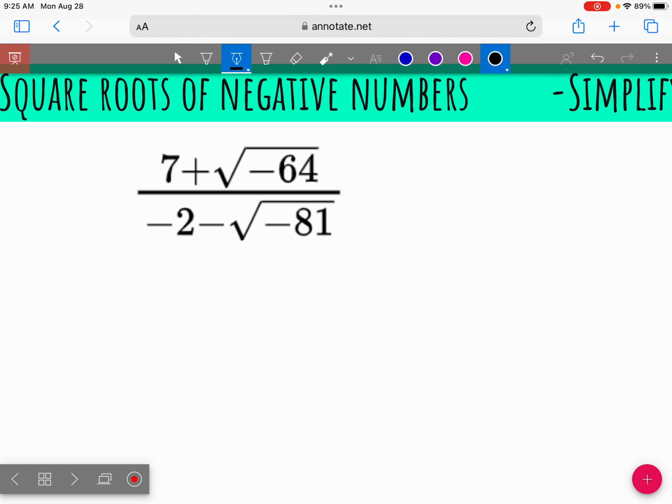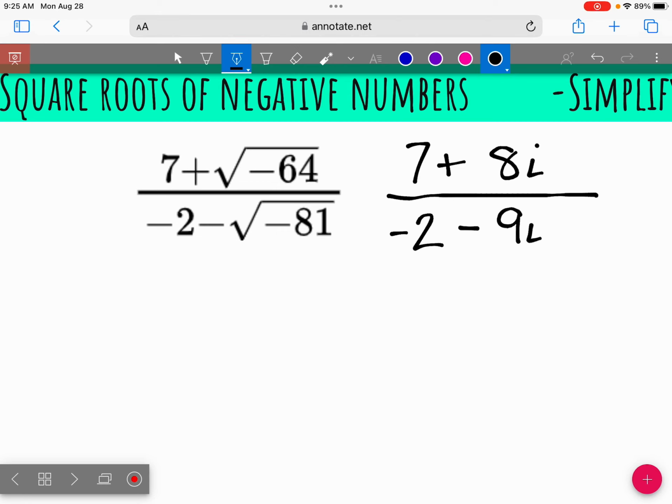When we see square roots, especially with negatives, when we see any square root, let's try and get rid of that radical. So my numerator is going to be 7 plus, how do we rewrite the square root of negative 64? 8i. And negative 2 minus, what's in our denominator? 9i. And we are into exactly what we started today with.